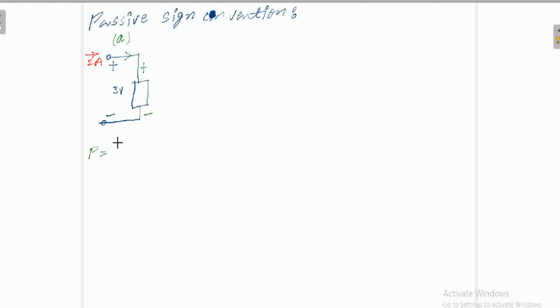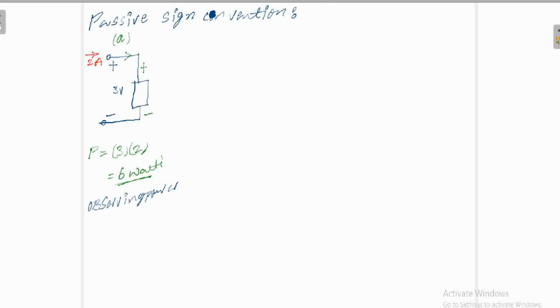The power is equal to voltage, 3 into 2. So we got here plus 6 watts. So this element is observing power.